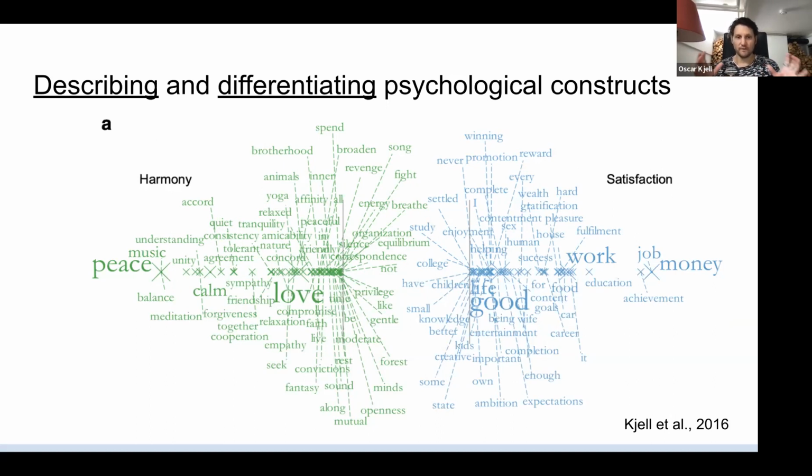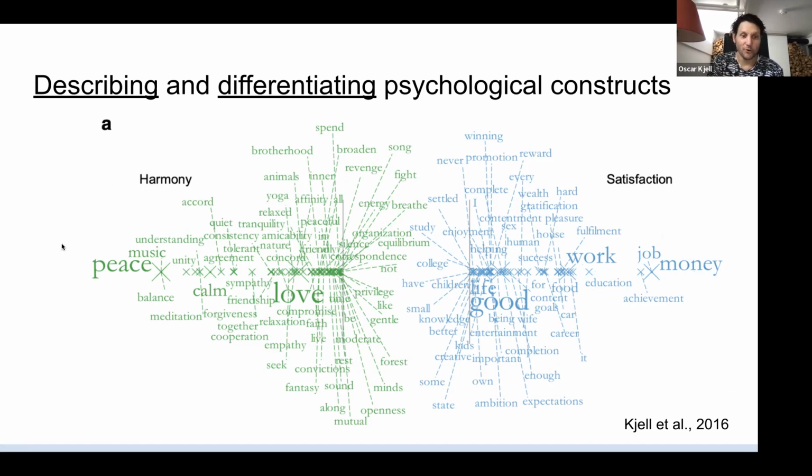We plotted statistically significant words that differentiate between these. And we found, very much according to our hypothesis, that satisfaction in life had more to do with self-fulfillment. So you have words such as money, job, achievement, education, fulfillment, work, which are very important parts of well-being.